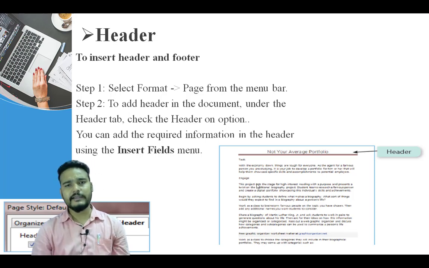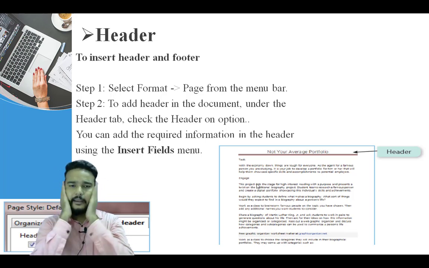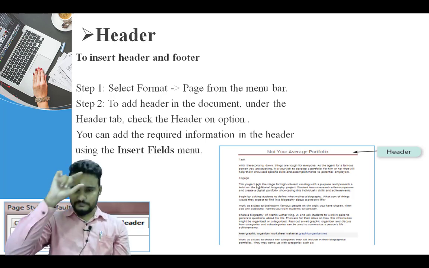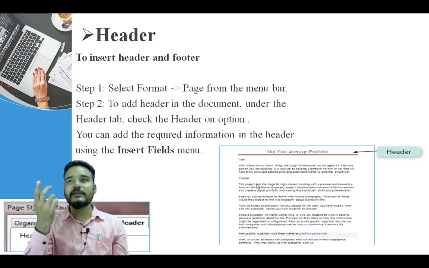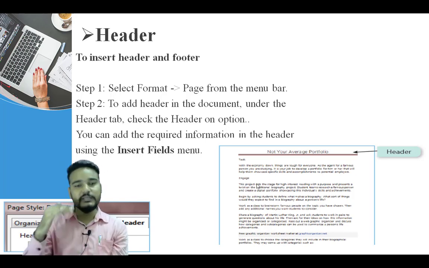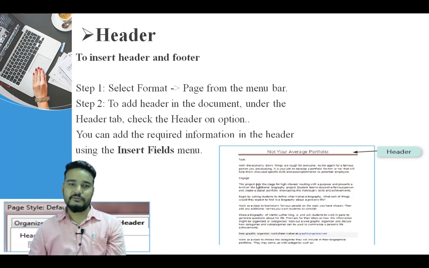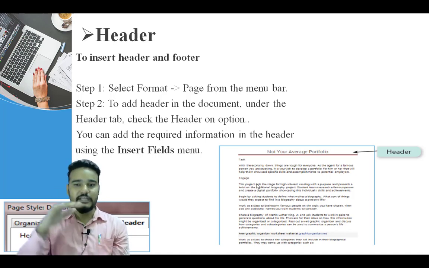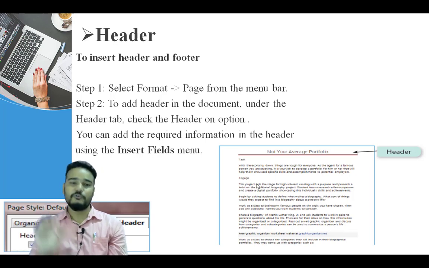Now what is this header? I know this head, but what about header? Header means, we can say, the title of your page, which will be reflected on all the pages. Header means a title, the naming of your page, that will appear on all of your pages.